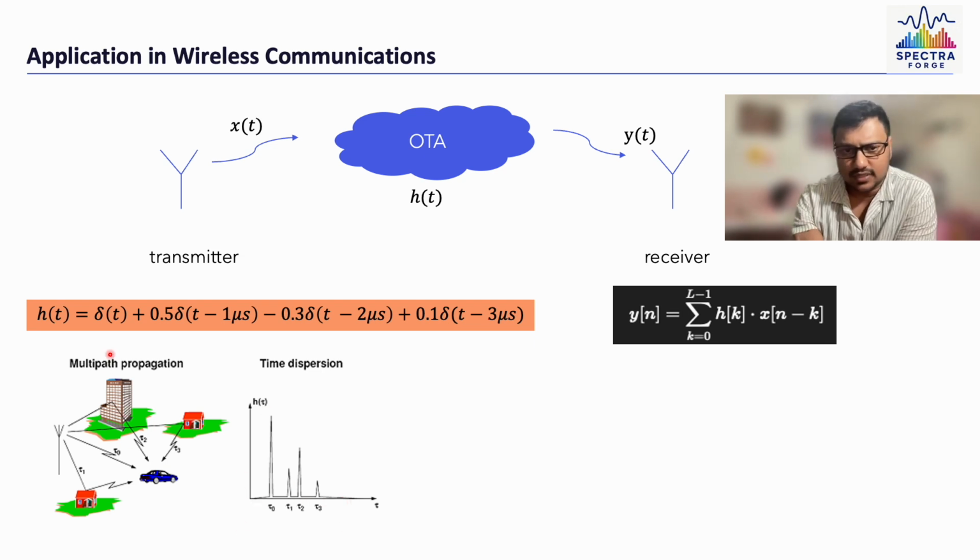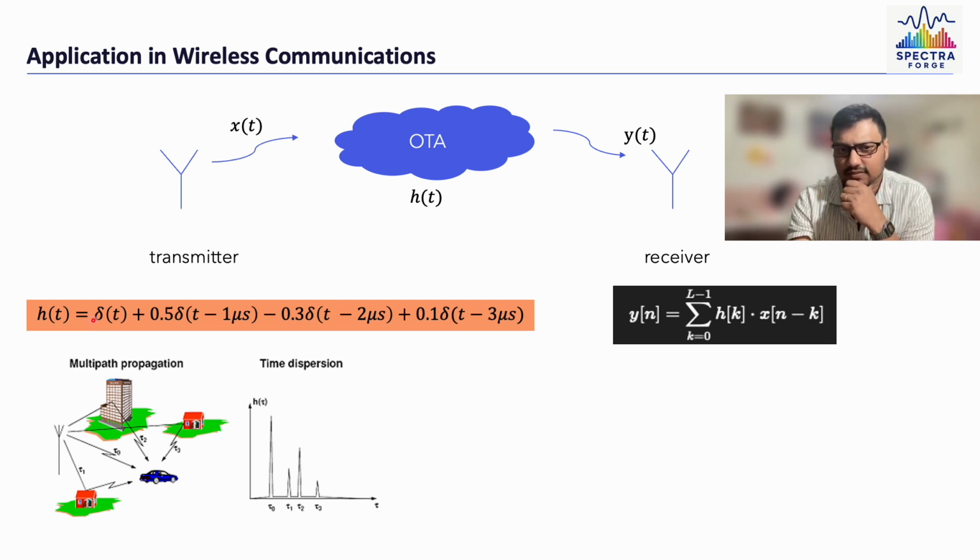So now, h of t, what does it mean here? You have a signal arriving at delta t, which is time 0 delay. If you consider the first path as a reference, then it is a 0 delay, and then you have a 1 microsecond delay with an amplitude 0.5. For the first path, there is no attenuation, for example; we can normalize that as well.